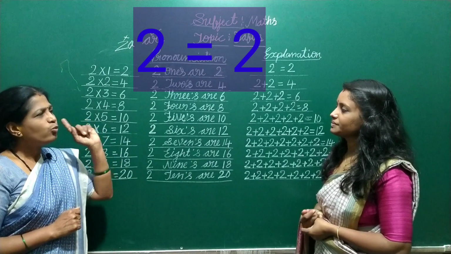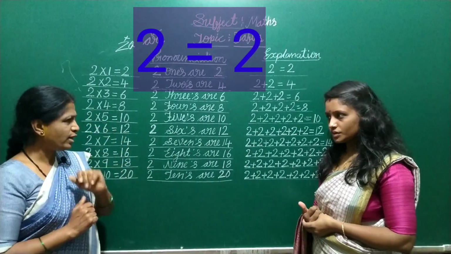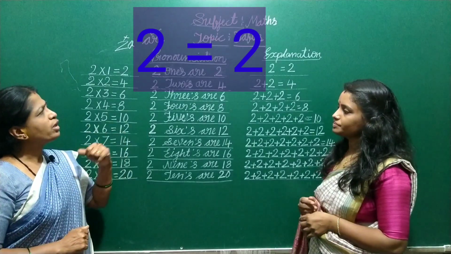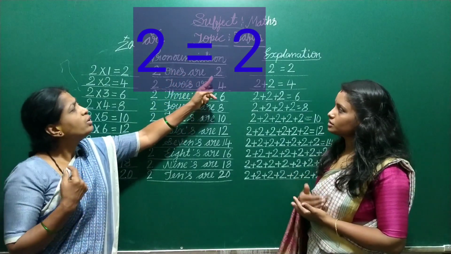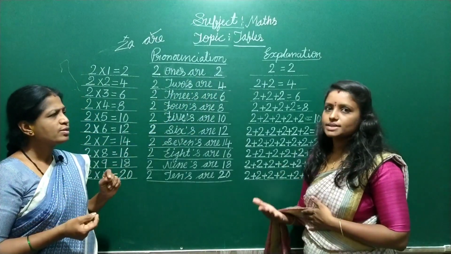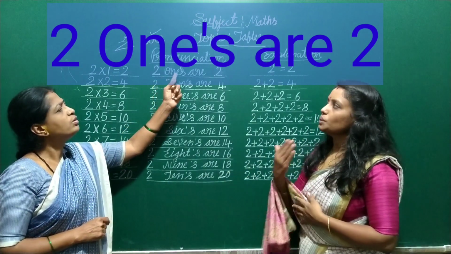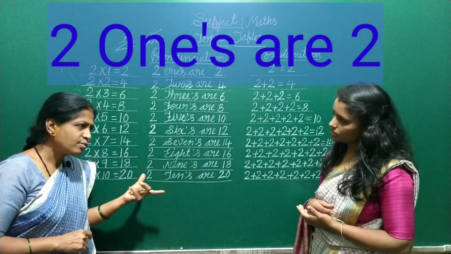So 1 time 2 equals 2 only. How to pronounce? Two ones are two. Very good. Once again you pronounce, two ones are two. You have to pronounce the tables in this way only.